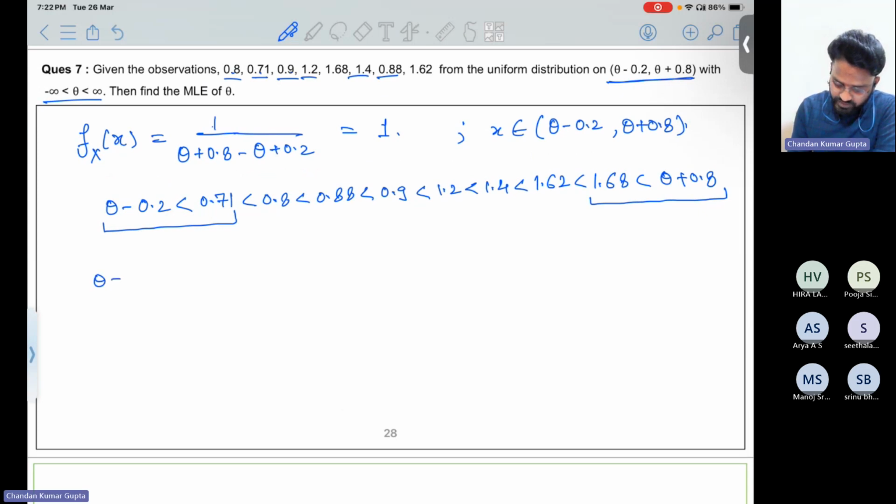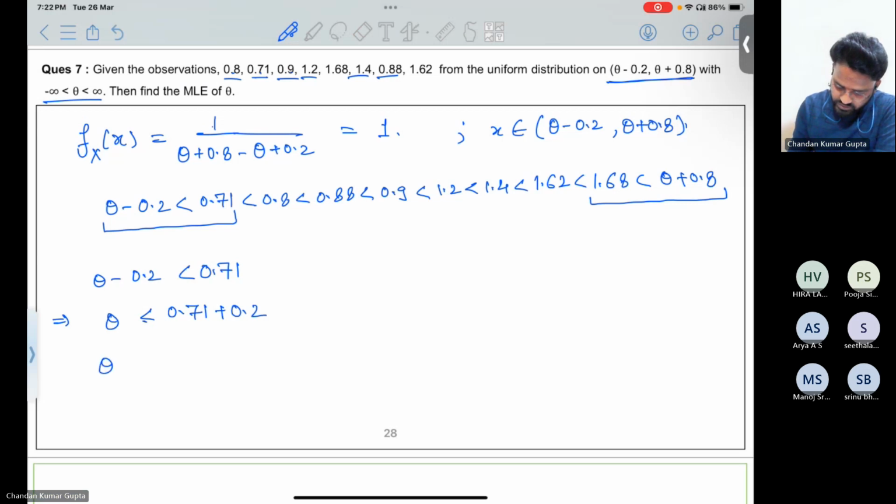From the first, theta minus 0.2 is less than 0.71. This implies theta is less than 0.71 plus 0.2, so theta cap must be less than 0.91.